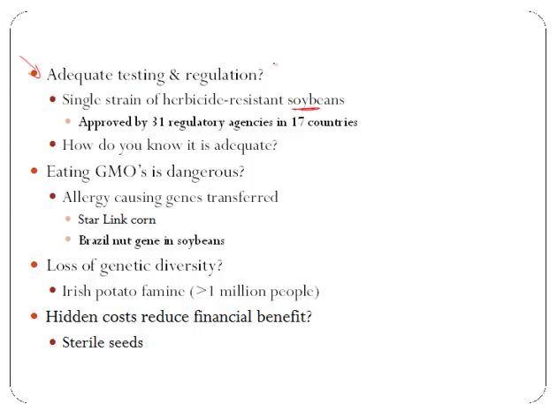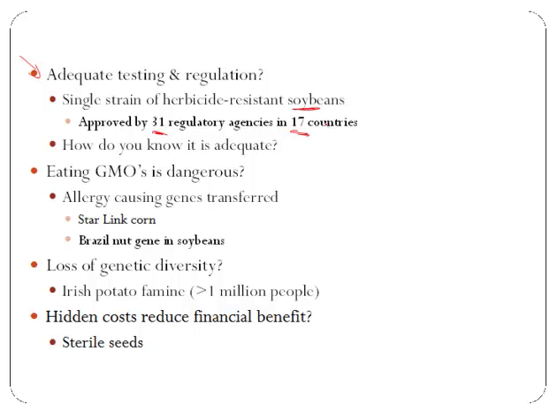And to get this one single product out to market, it had to be approved by 31 different regulatory agencies across 17 countries. So 31 separate regulatory agencies in 17 different countries analyzed this soybean, did their own tests and analysis to determine that this was safe to use.